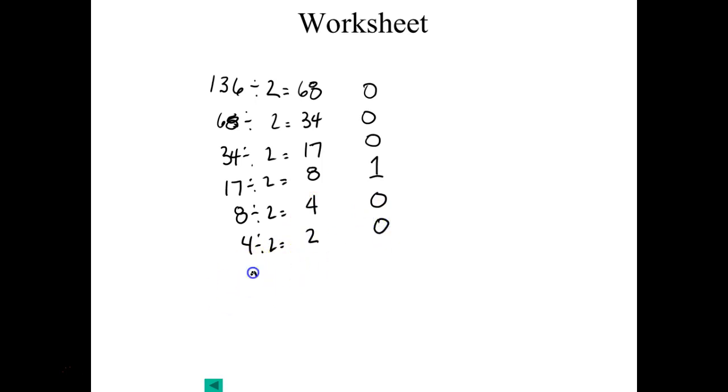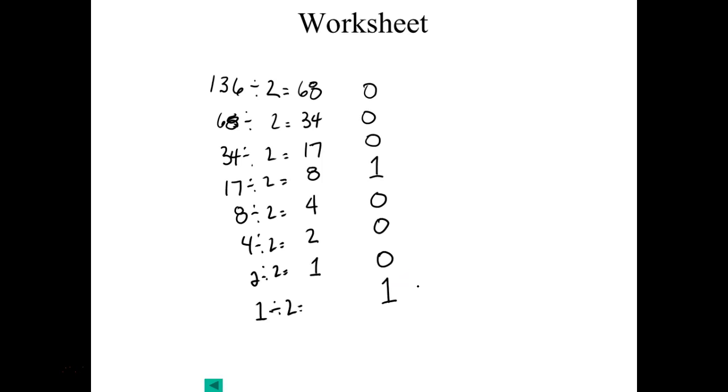Then I'm going to say 2 divided by 2. This is going to be what? It's going to be 1 with a remainder of what? 0. That's where I stopped a while ago. Then we're going to have 1 divided by 2. So this is right. This is going to be a 0.5 with a remainder of what? 1. Everybody see where I stopped a while ago? I stopped at the wrong spot.